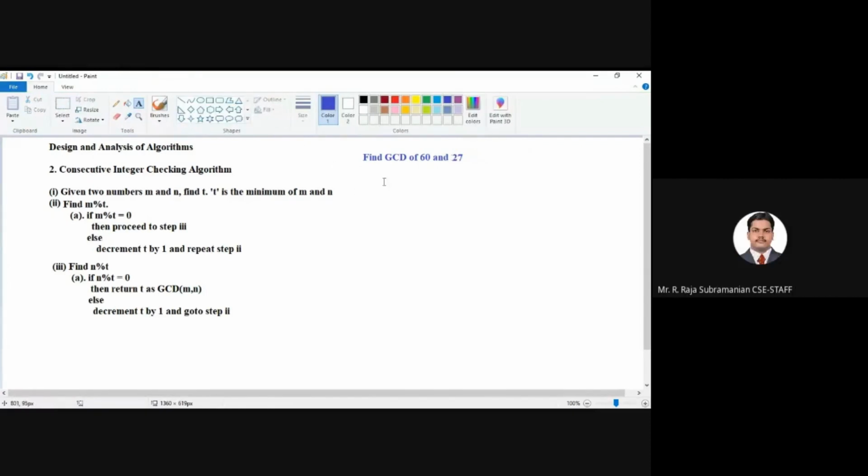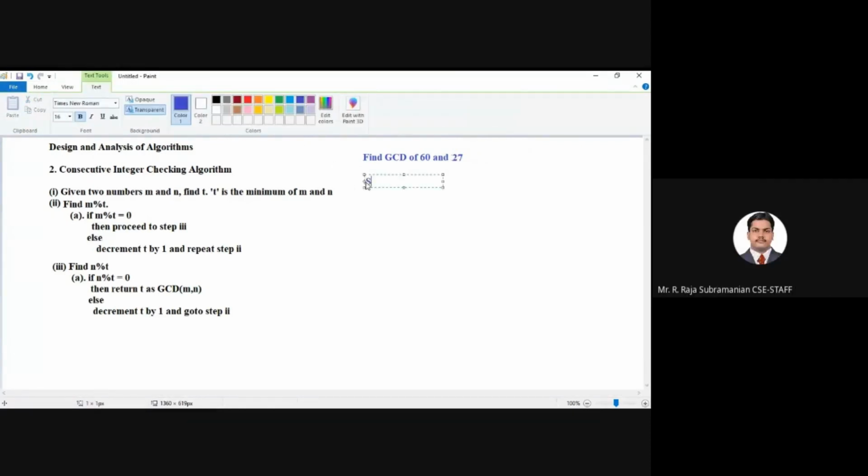Now help me, what is step one? t is equal to min of 60 comma 27. So what is the t value? 27. Very good. Now I go to step two.